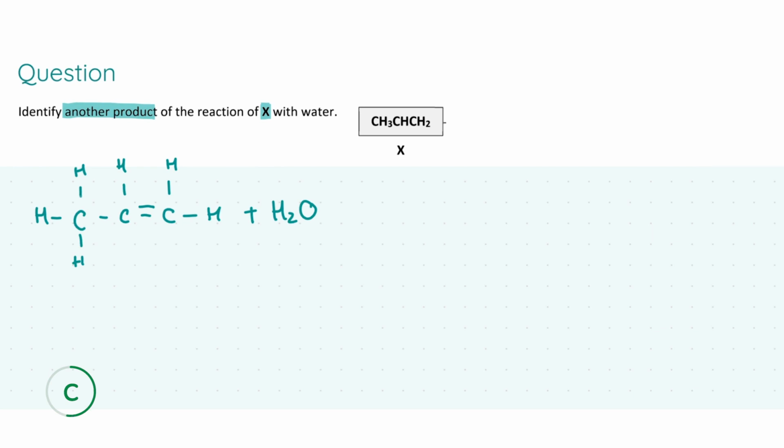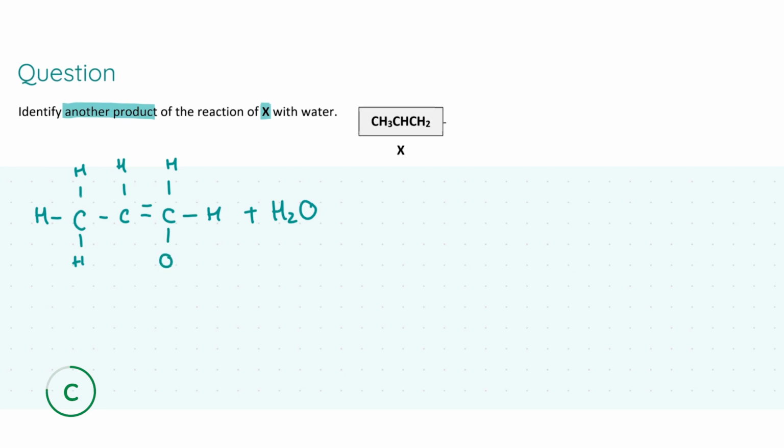In the reaction that we've seen, which produces propan-2-ol, what's clearly happening is there's an OH going here, and there's an H going here, and they're getting rid of this bond. But what we're going to do is put the OH on the first carbon atom.